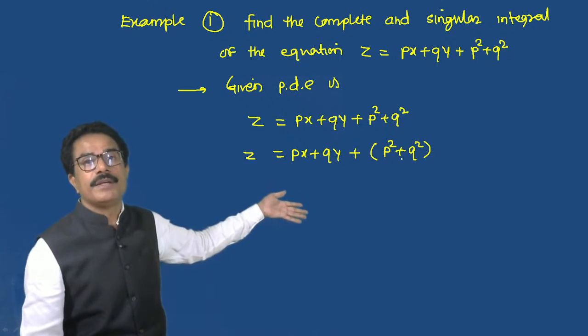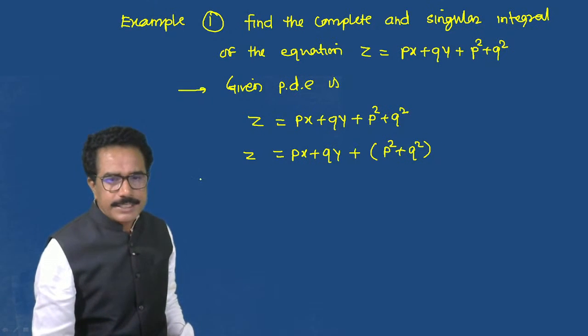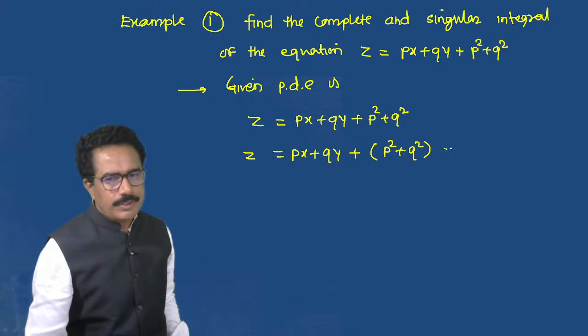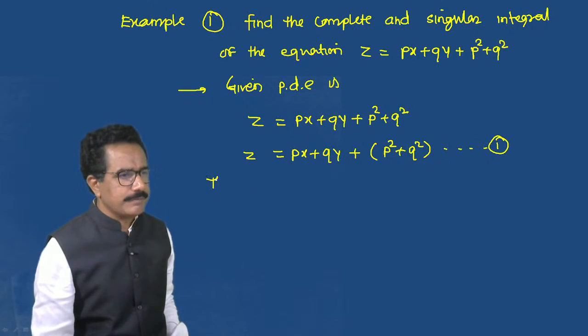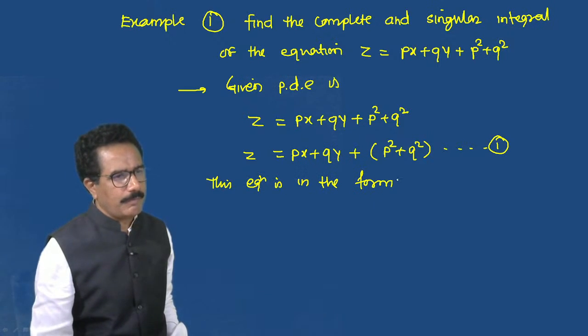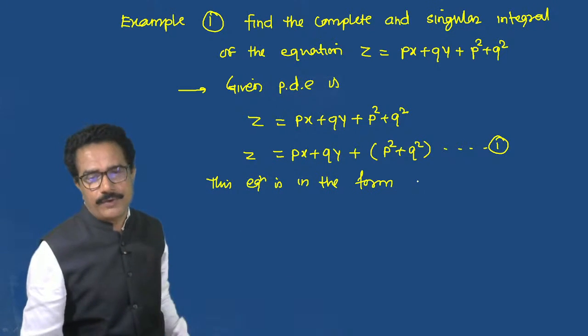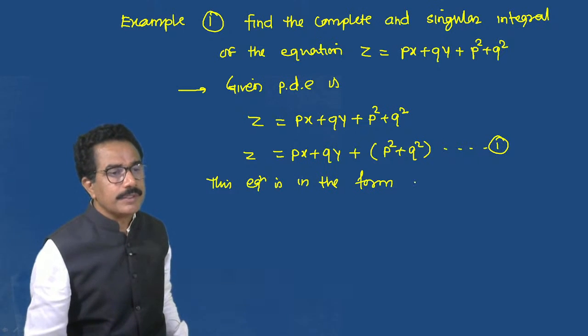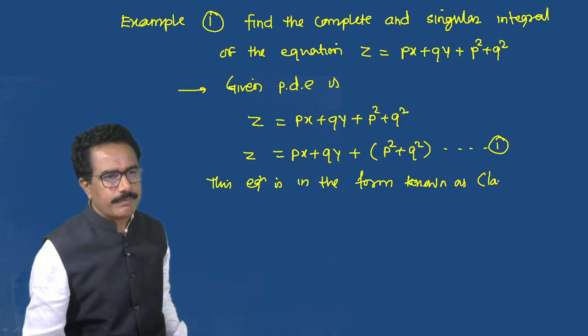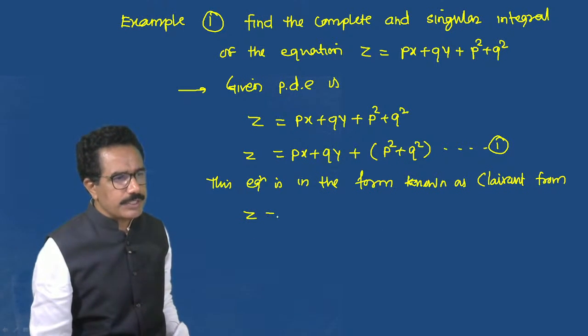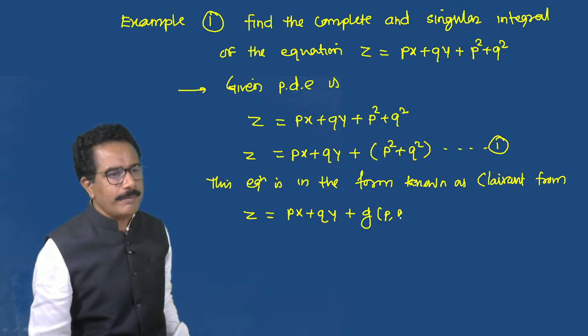This is a function of p and q, so it is in the particular form called the Clairaut form, denoted by z = px + qy + g(p, q).